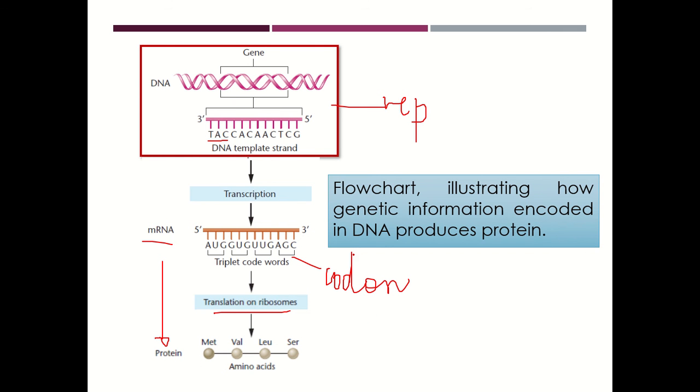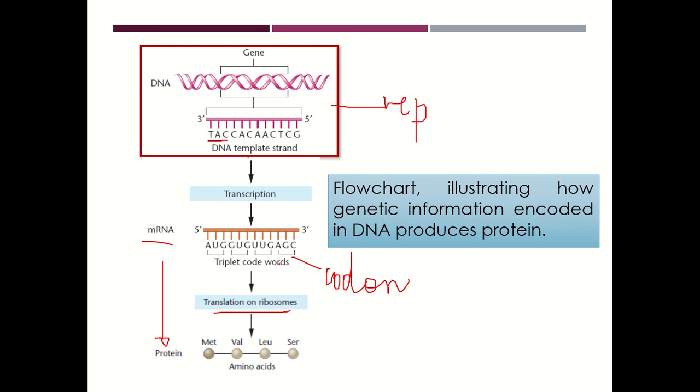Okay? Because on that codon, there is also an anticodon attached that it carries. Therefore, we base our amino acid on that codon. So, AUG, methionine, that is the start. GUG, valine.